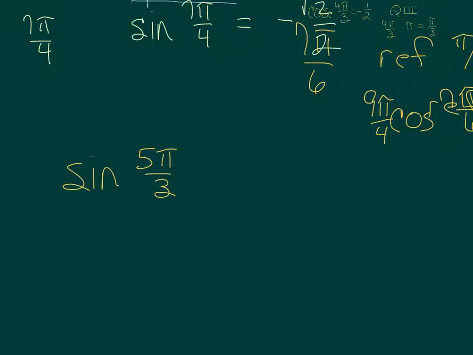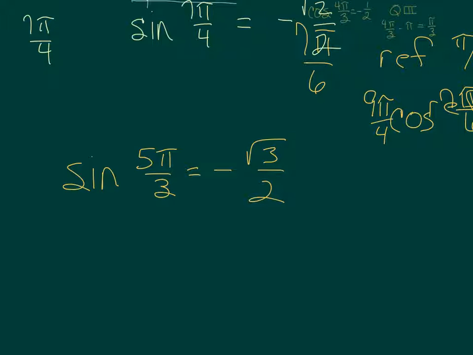Because 6 pi over 3 would be 2 pi. So what quadrant does this put us in? It's in the fourth quadrant. Is the sine negative or positive in the fourth quadrant? Negative, and the sine of pi over 3 is square root of 3 over 2. How did you get what quadrant it was in?